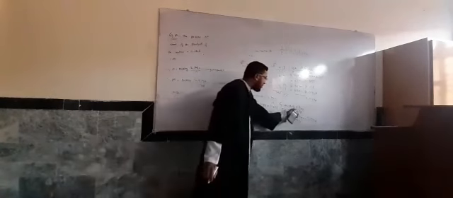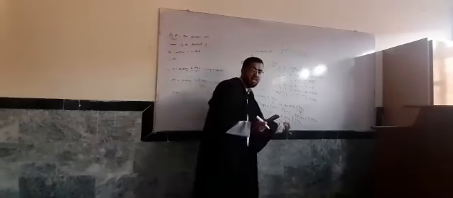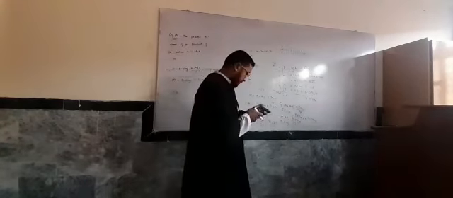Then what do we do in this situation? We just put the values in the formula. Anti-log of summation f log x, which is 9.592, divided by the sum of the frequencies, which is 17. If we divide 9.592 by 17, we get 0.5642.